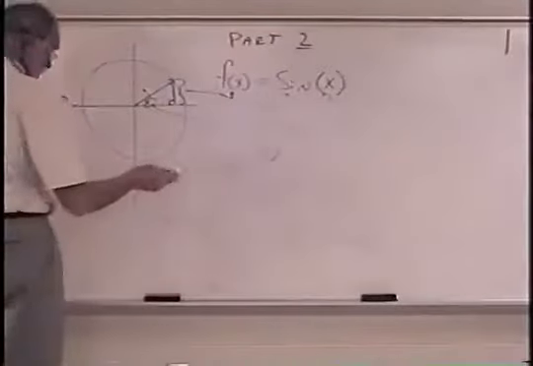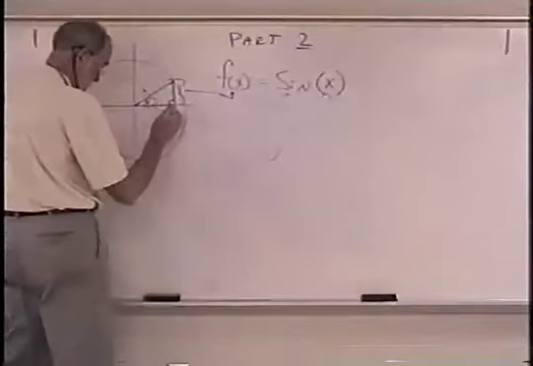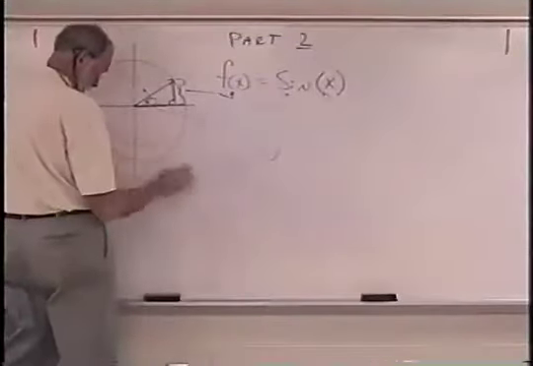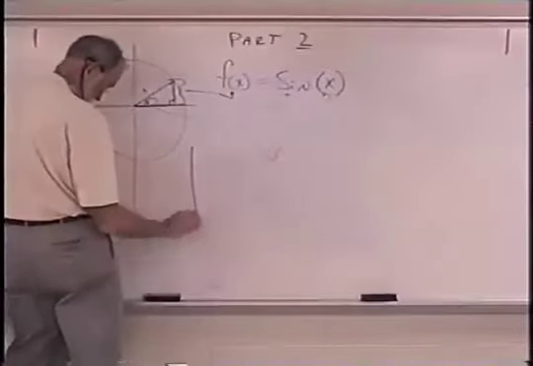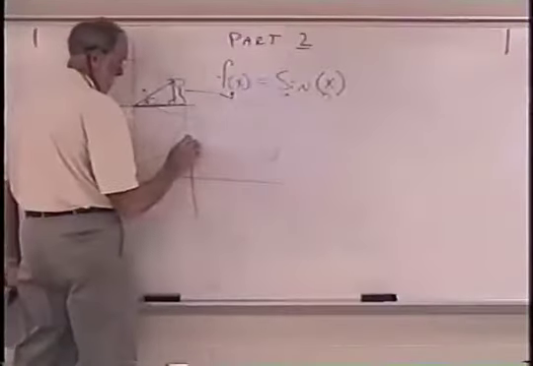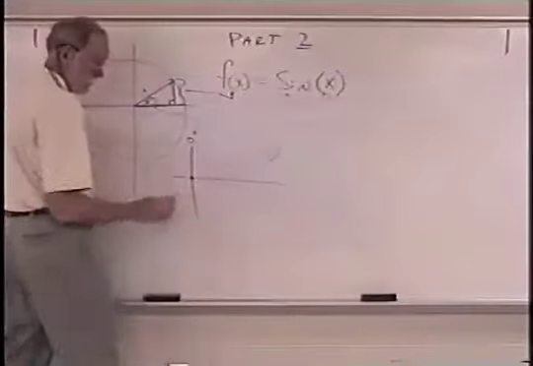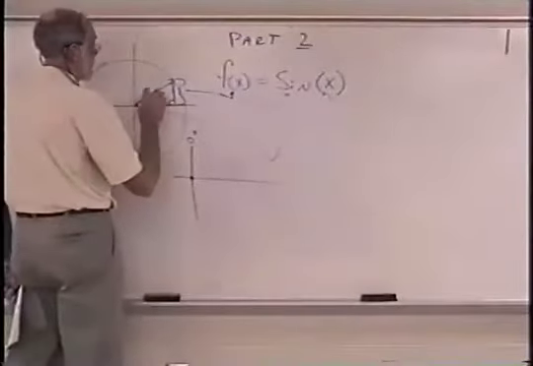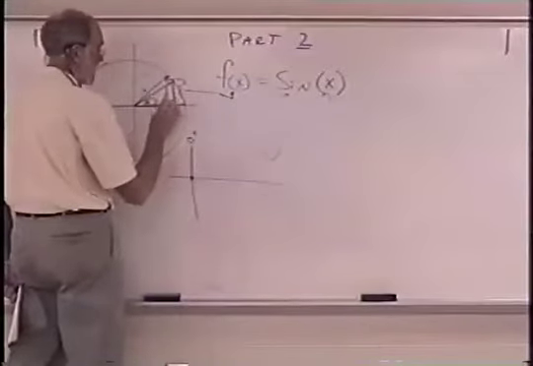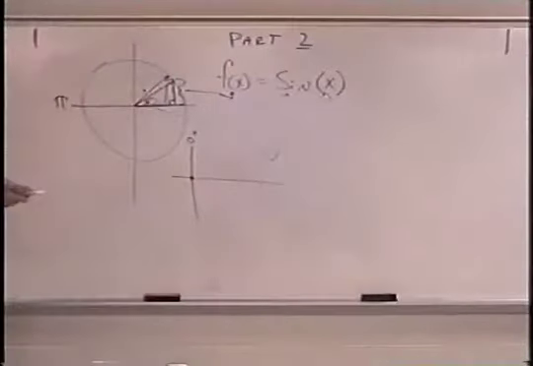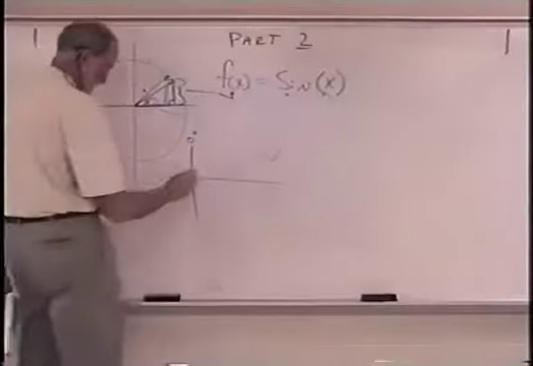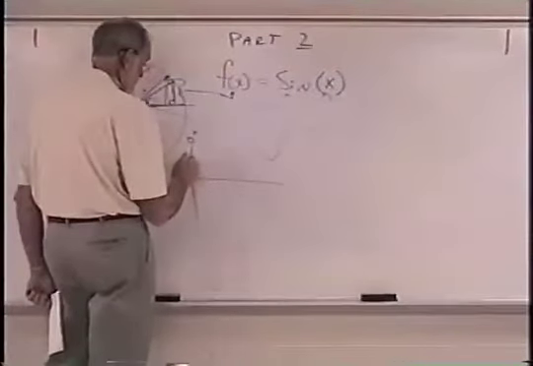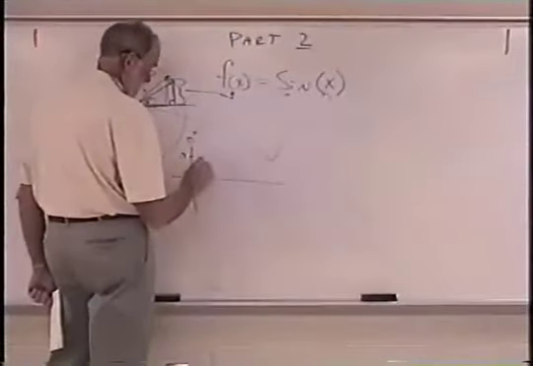Now if I start at 0, the sine is 0. If I go to, let's say, 45 degrees, the sine of 45 degrees, check this in your calculator, is approximately 0.7.